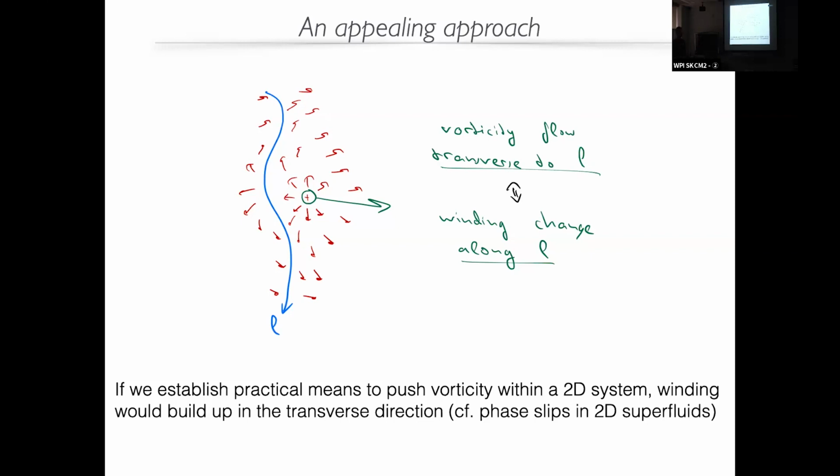Those wound-up textures relax through vortices moving transverse to the one-dimensional superflow. Such interplay between vortex motion and winding is detrimental to low-dimensional superconductivity. Either a one-dimensional superconducting channel or a two-dimensional superflow wound up by sending an electrical current naturally unwinds by shedding vortices in the transverse direction. That's called phase slips, and such phase slips generically dominate dissipation in one-dimensional and two-dimensional superfluids and superconductors.